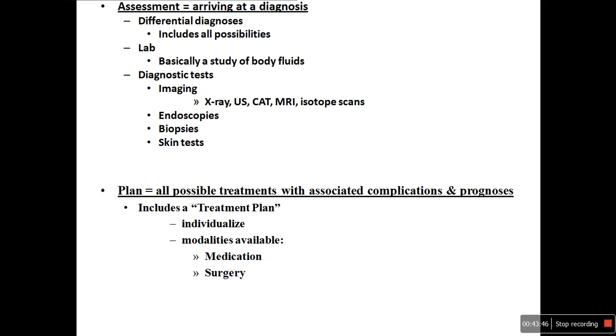Like imaging, X-ray, ultrasound, magnetic resonance imaging, isotopic scans. A lab is basically a study of the body fluids. What is arriving at a diagnosis? It's an assessment. The differential diagnosis includes all the possibilities.